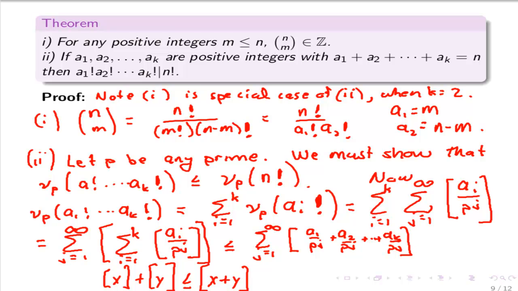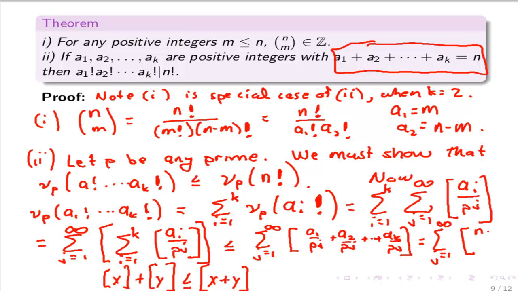You've got the same denominator in every term, and so that's just a1 plus a2 plus through ak over p to the j. But by assumption, we come back to this assumption here, the sum of the ai's add up to n, so that's just the bracket n over p to the j. And that's exactly our formula for nu p of n factorial. QED.